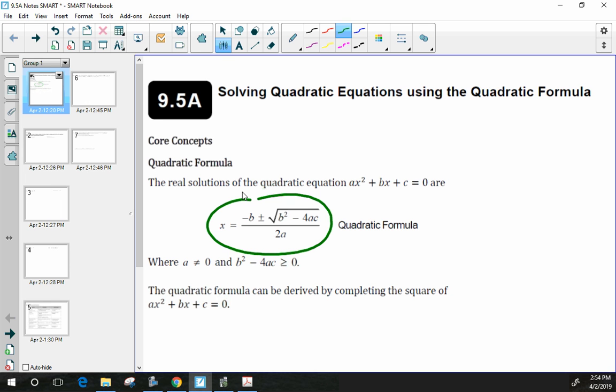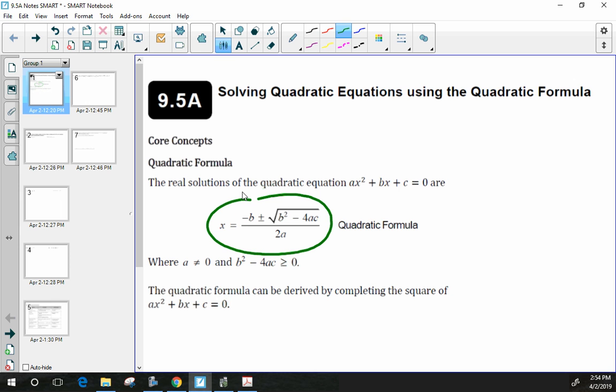Okay, the quadratic formula, just so you know where it comes from. I wish I had the time to show this to you. Maybe a little later we will. I'm not going to show it today. But the quadratic formula, just understand, is completing the square when you do it to just a generic ax squared plus bx plus c.